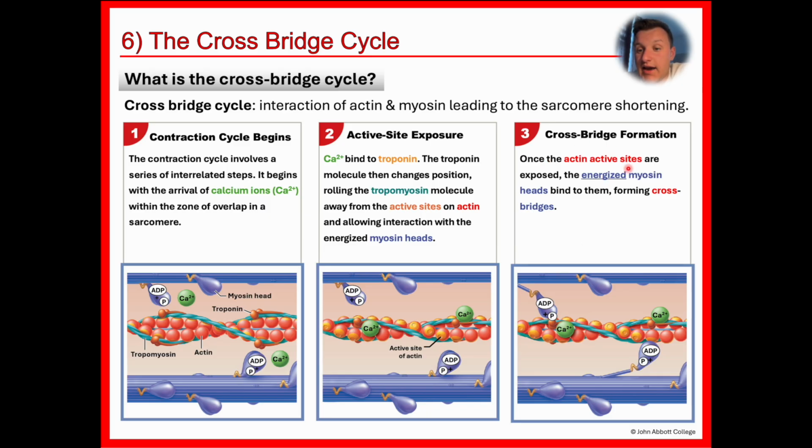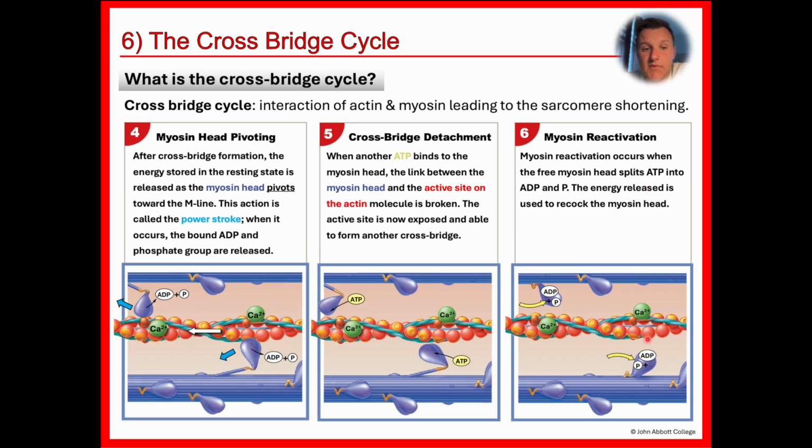Once the actin active sites are exposed, the energized myosin head will be able to bind onto them and form what we call the cross bridge. Step 4, the myosin head pivots.